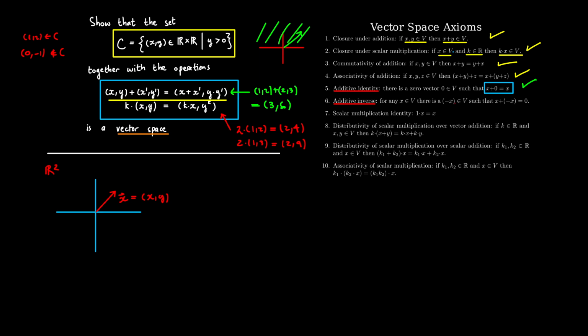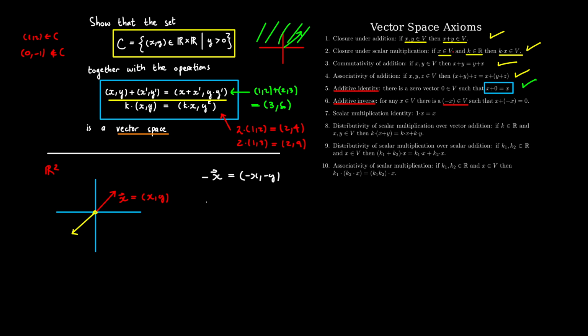So what is the additive inverse of our vector? Well, it's actually just going to be the vector which points exactly in the opposite direction and has the same magnitude. In other words, negative x is, of course, it's going to be obvious when I say it's just negative x here and negative y here.